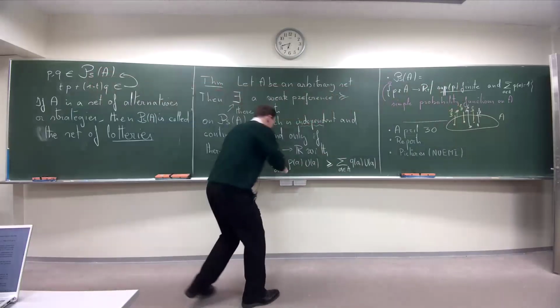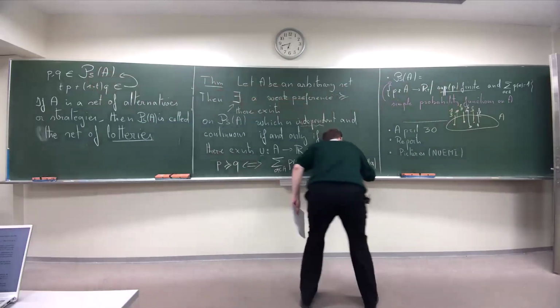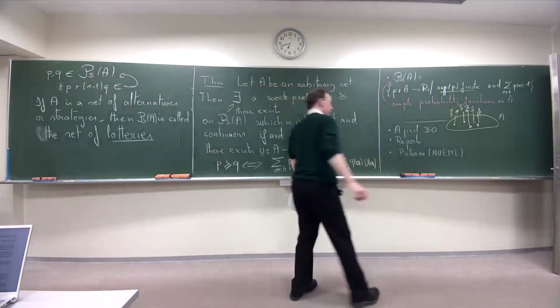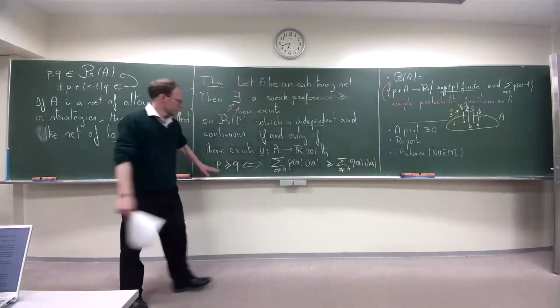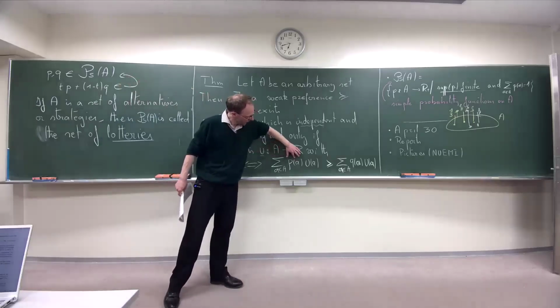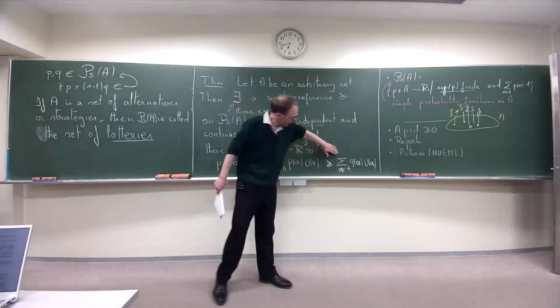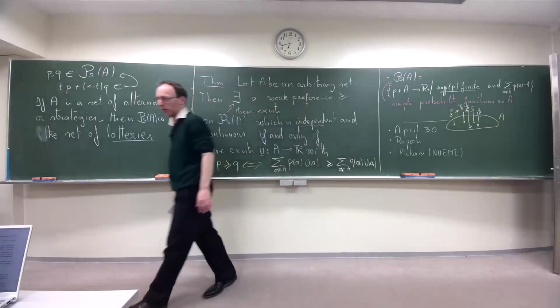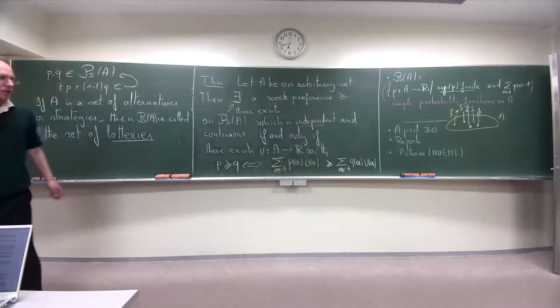Or maybe I can use a different color, because these points might be different. So I put a yellow simply because these numbers, P of A is most of the time 0, except on a few points. And here, Q of A is also 0 most of the time, except on a few points. But these points can be different.